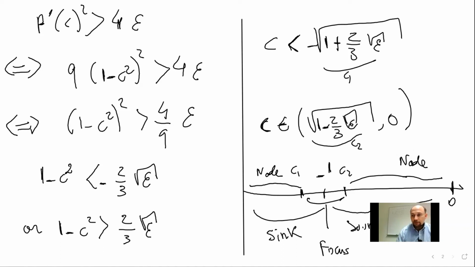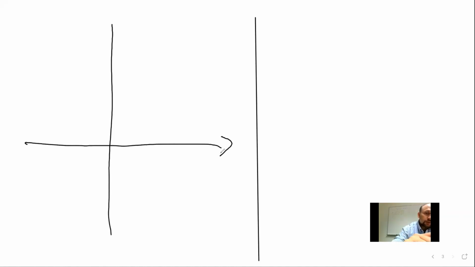Okay. So next we're drawing the trajectory. I forgot to give a representation of the fixed point, but I'm going to give it now. My function is a cubic, so it looks like that.